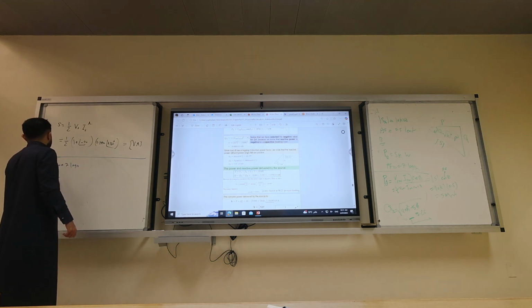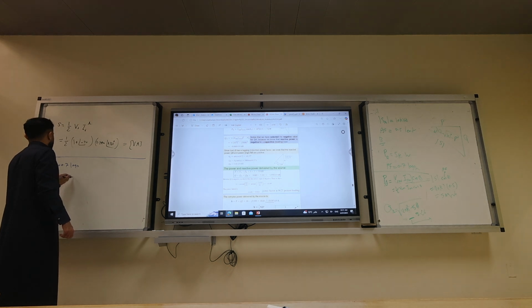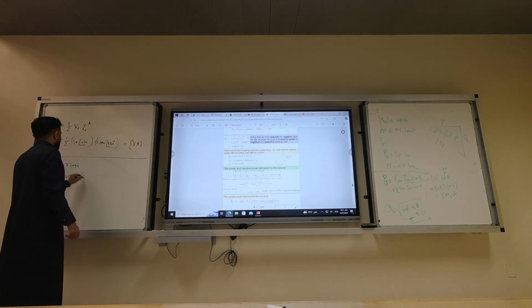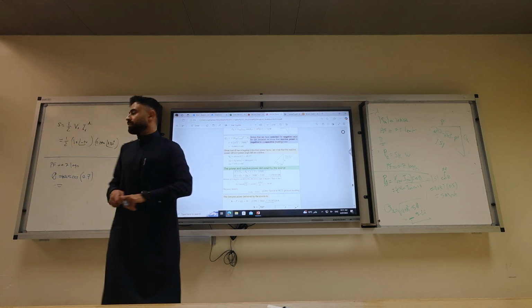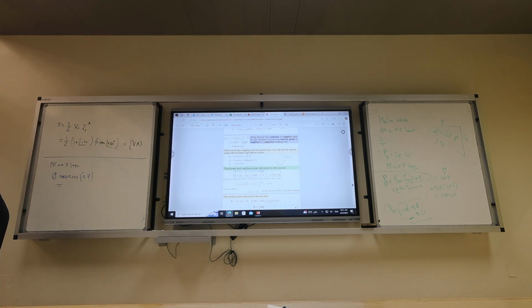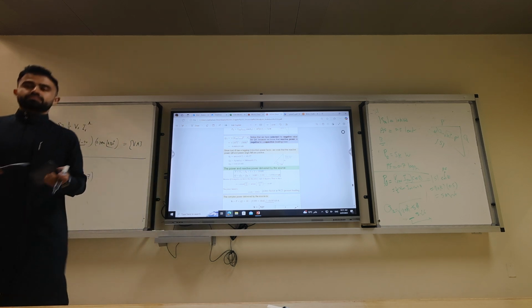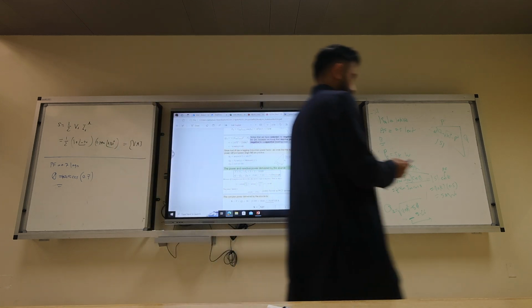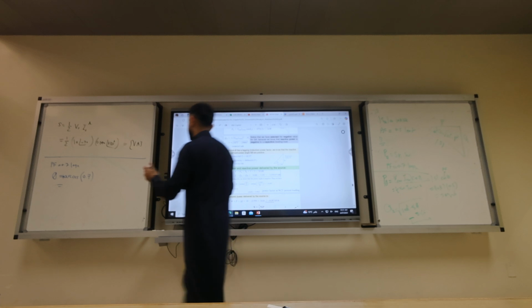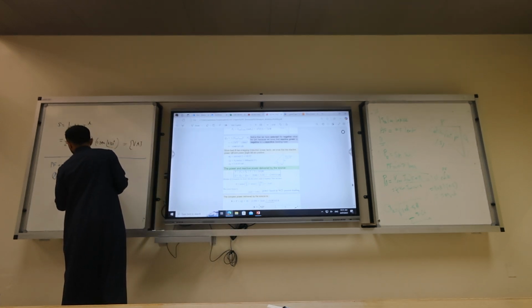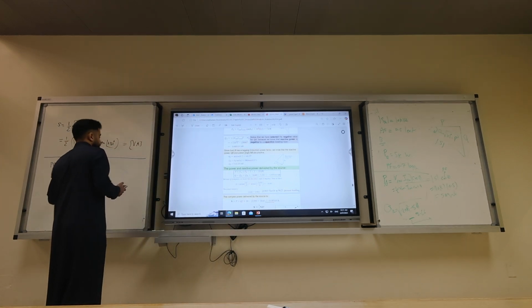So the angle theta is arc cosine of 0.7, and you put a positive. The angle is positive. So what is that number? It's 45.6 degrees, plus.